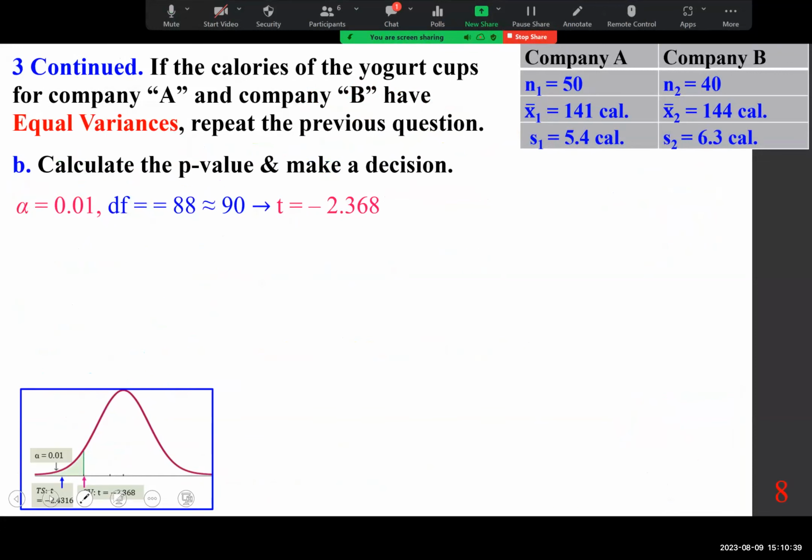Same question, you're going to calculate the p-value. The p-value is this area because it's a left tail test, area to the left of the test statistic, which is negative 2.4316.